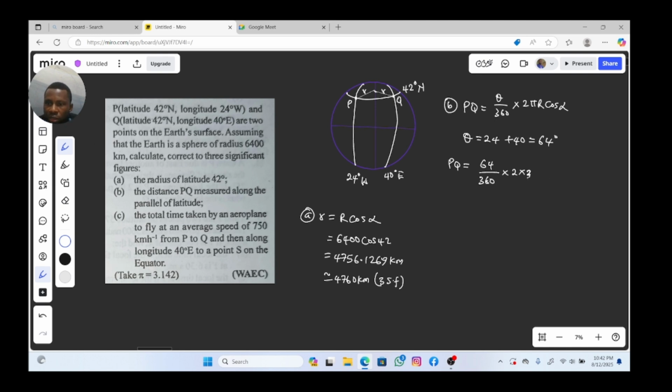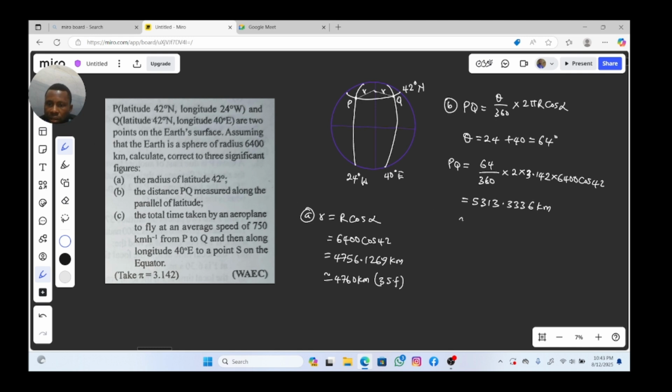Okay, so now PQ is equal to 64 over 360 times 2 times pi. This time around they gave us 3.142. You must make use of what is given. Then times R cos alpha, so R is 6400, cos alpha is 42. So we calculate this, and the answer will come out to be 5313.3336 kilometers.